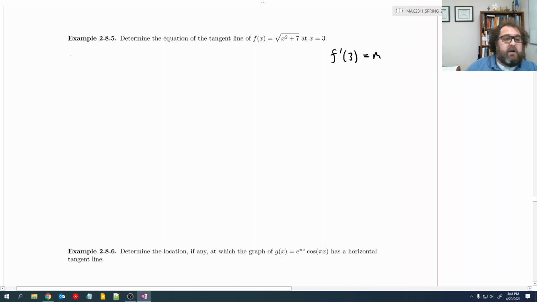So we need to find f prime. f prime of x is going to be, notice we have a composite function. So let's first always identify the inside and outside function. What's the outside? That's x to the 1/2 power, the square root of x. And the inside function is x squared plus 7.